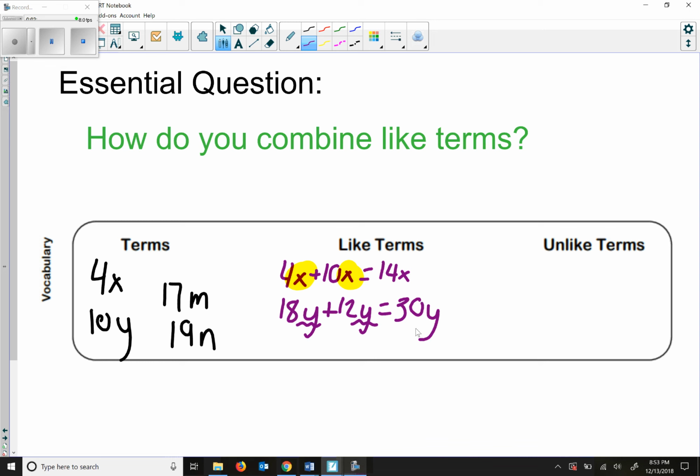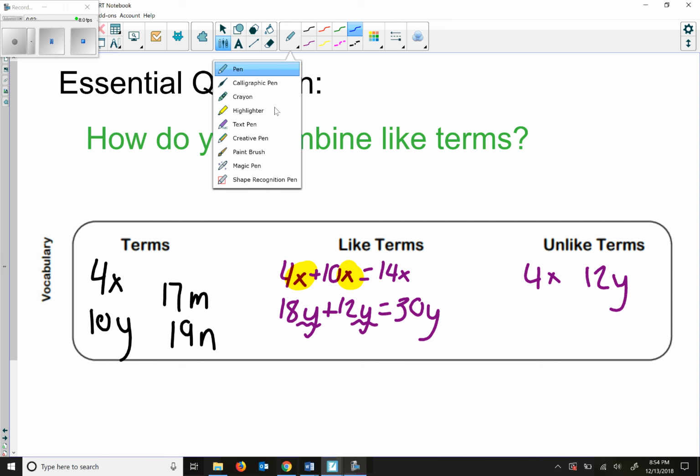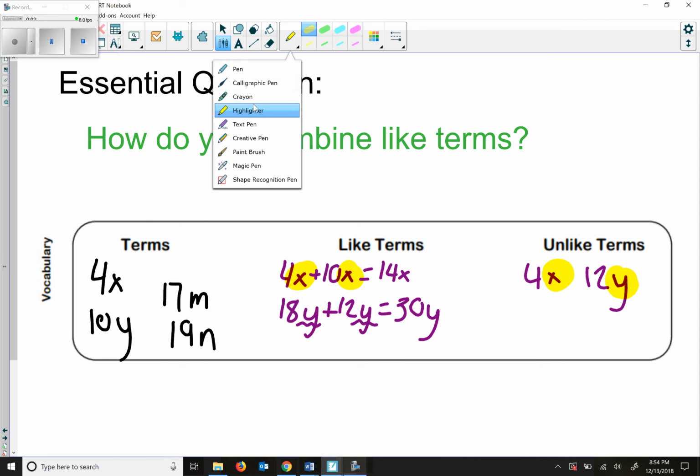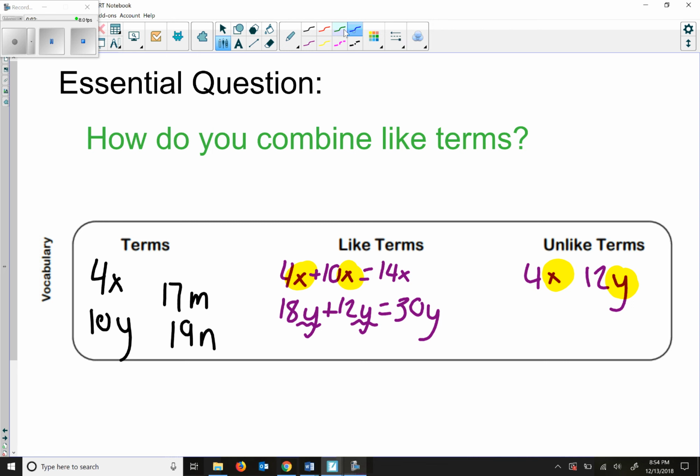Some examples of unlike terms would be something like 4x and 12y. Those are not like because they do not have the same variable. They are different variables. Something else we might not always think about is something like 4x and 10x squared.